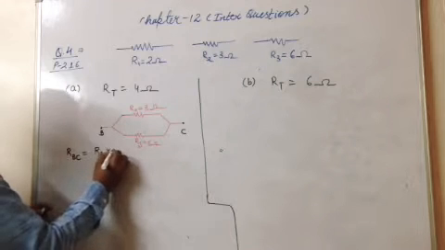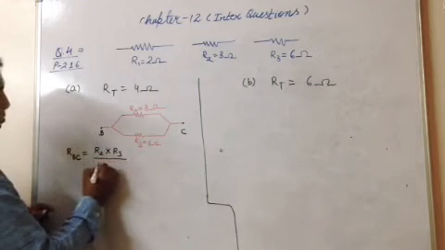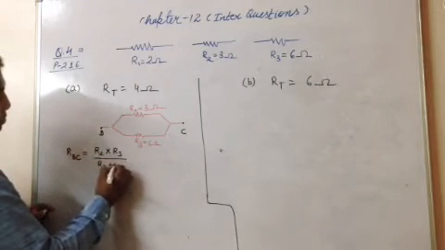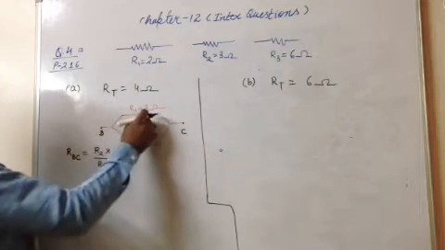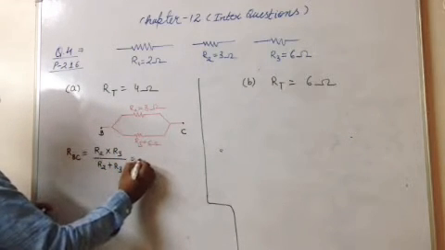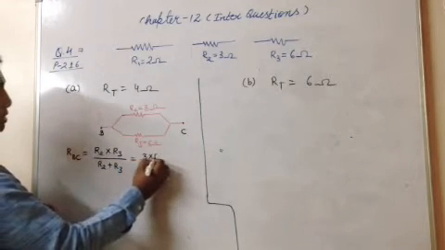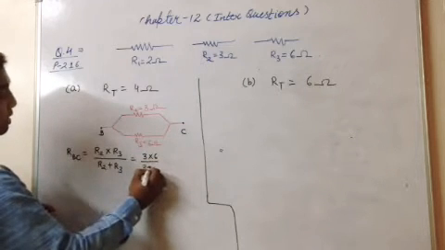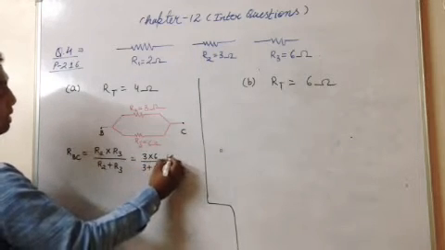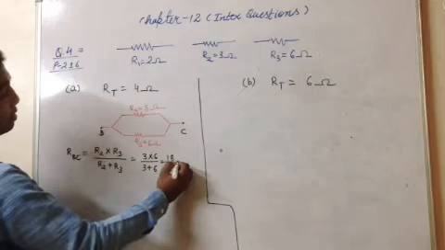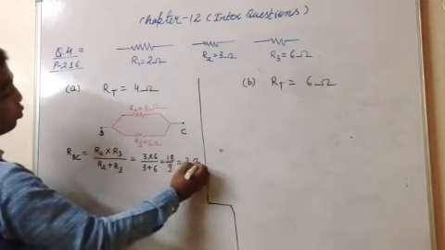R2 into R3 divided by R2 plus R3. And when you solve this, what value will you put? 3 into 6 and 3 plus 6. So this would become 18 upon 9 and this finally would become 2 ohm.